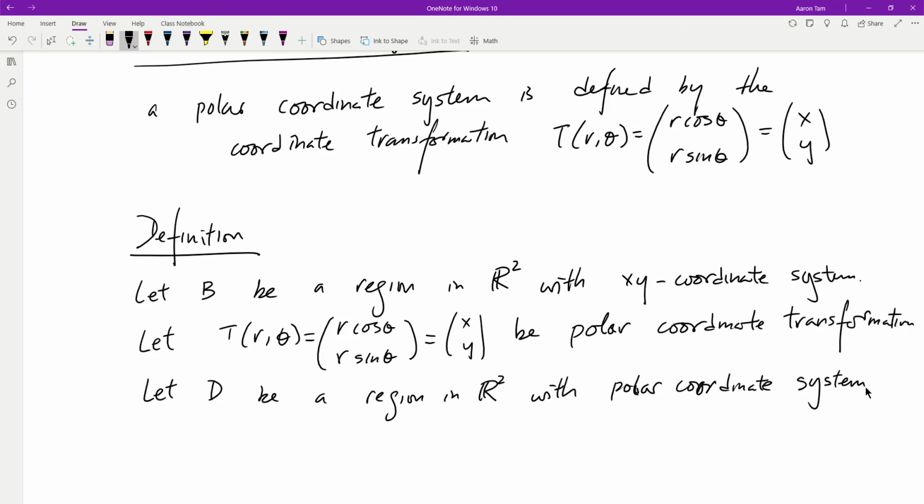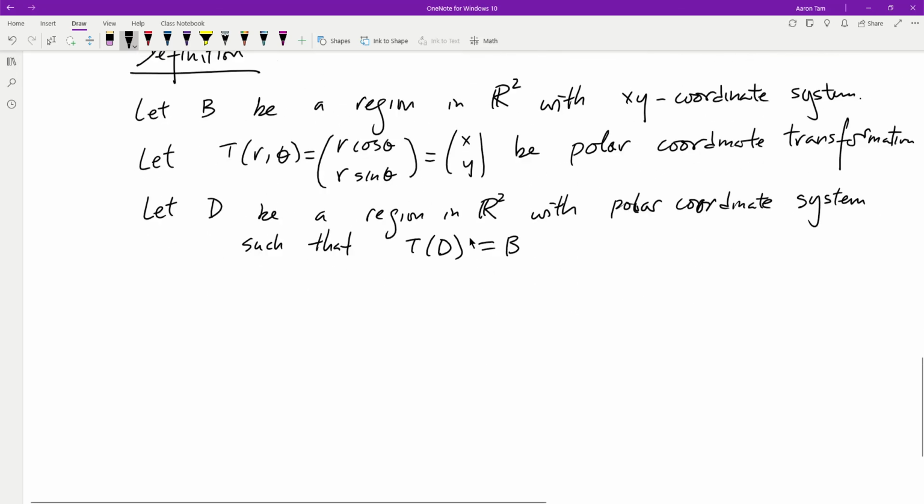Here's the connection. Let D be a region in R2 with the polar coordinate system such that if I transform D through the polar coordinate transformation, it will give me the region B. Now, it might be like, okay, what does that mean?